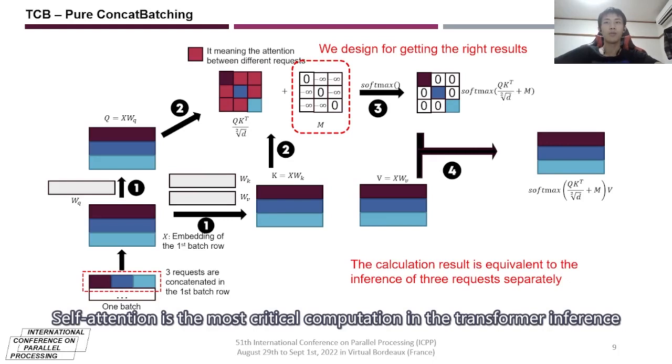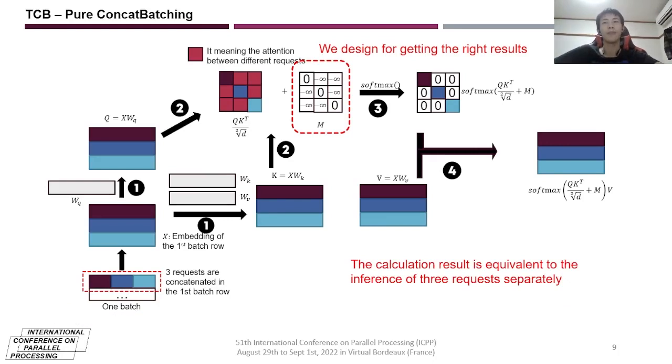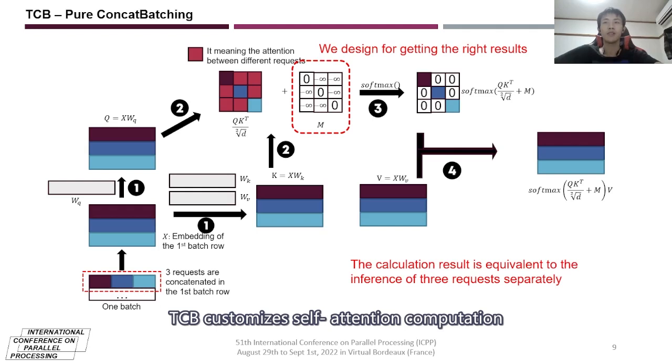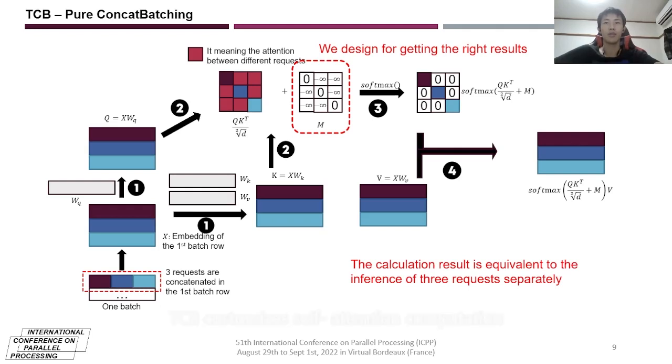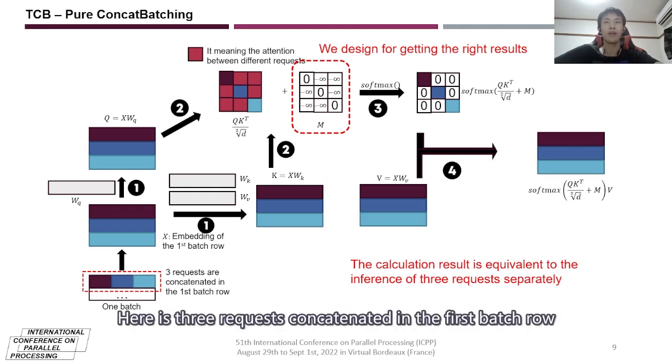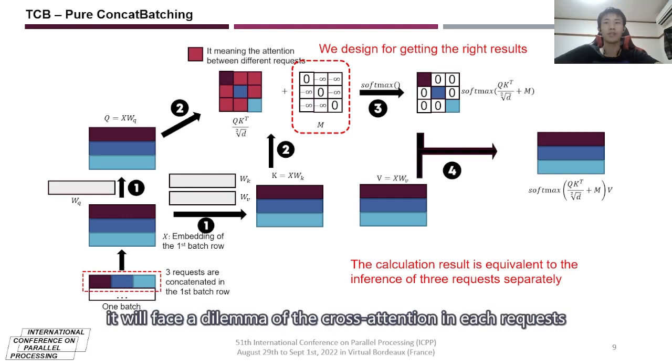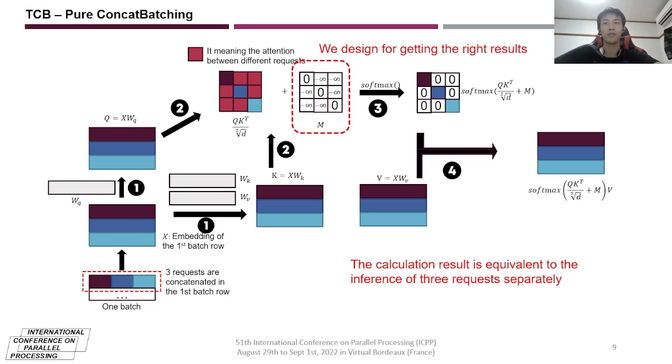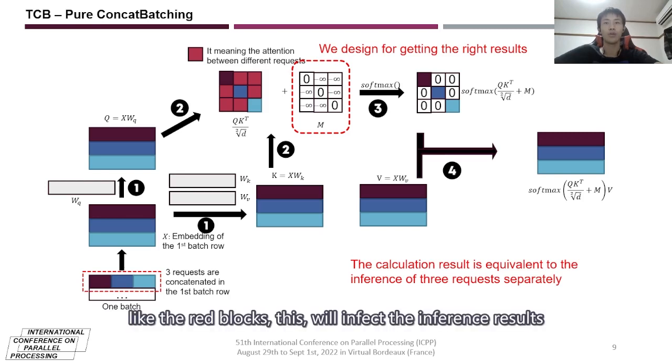Self-attention is the most critical computation in the transformer inference. TCB customizes self-attention computation to guarantee correct inference results. Here are 3 requests concatenated in the first batch row. Then, when they compute the self-attention, it will face the problem of cross attention between requests, like the red blocks.